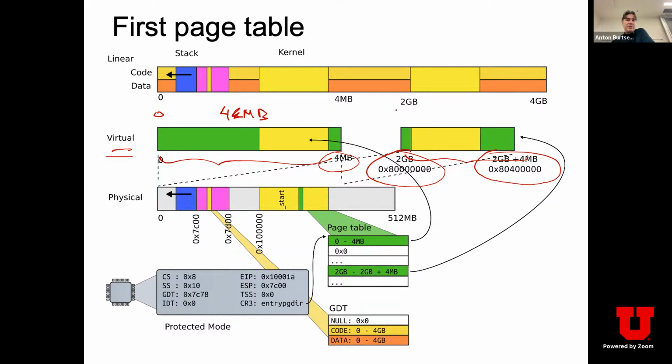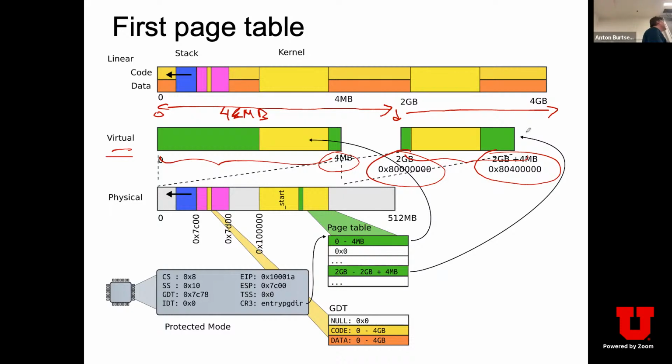This is where we want the kernel part of the address space to be located. So all of these addresses will be available to the user process. Your heap can grow up to the second gigabyte, and the kernel will be sitting in the upper half of the address space.